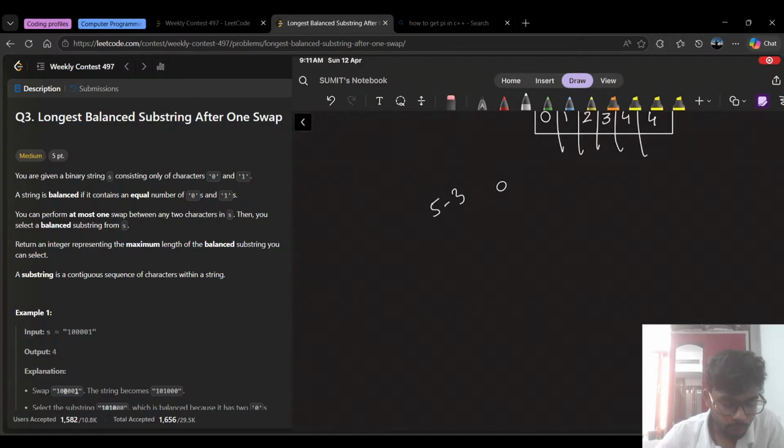Then zeros count will be zeros of j minus I greater than 0, zeros of j minus I and this j minus 1. So then they're equal to j minus I plus 1. Now I have to return length.